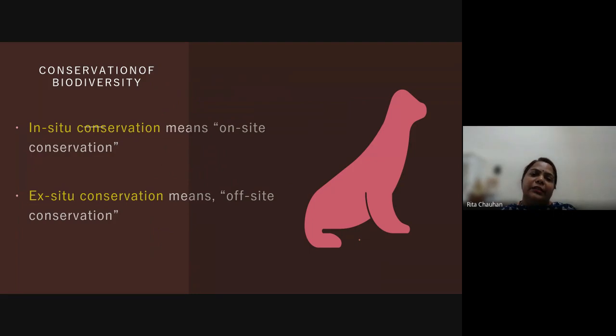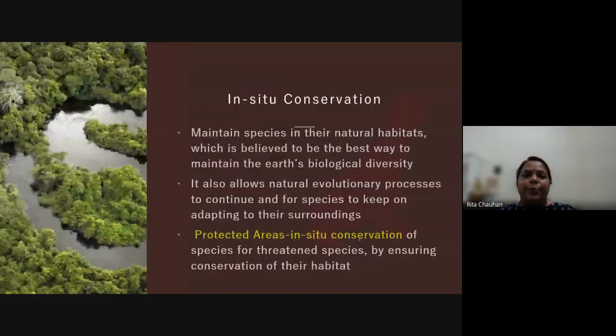Ex situ conservation means we have to bring that lion to another area and conserve it. So on site means conservation in the habitat area, and off site means we bring that species and then conserve it. Let us understand with the help of an example.